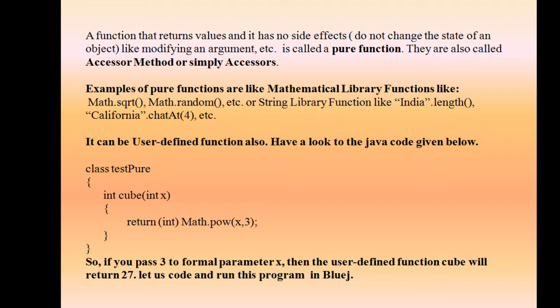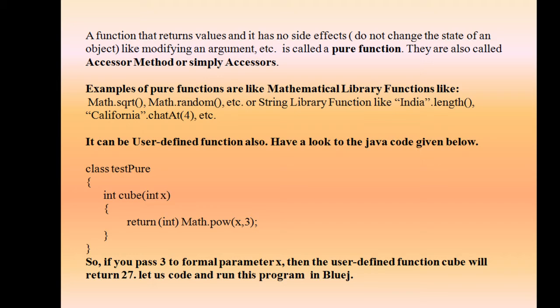What is a pure function? A function that returns values and has no side effects, meaning it does not change the state of an object. The value that you are passing inside the method, you are not changing it, you are not doing any sort of calculation, you are just returning the value.